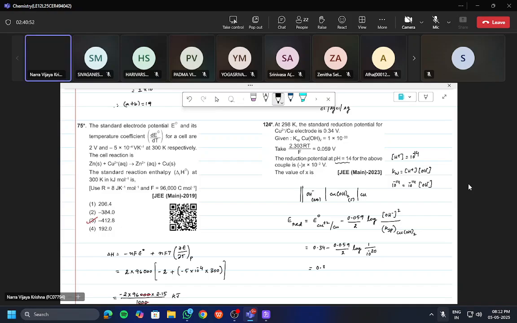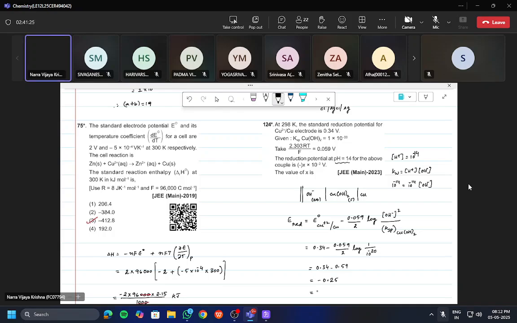10 power 20. Log 10 power 20 means 20 log 10. Log 10 is 1. So 20, 2 into 20, 10. 10 into this value, 0.59. Then what is this value? 59 minus 34. 25. 25 means minus 0.25.